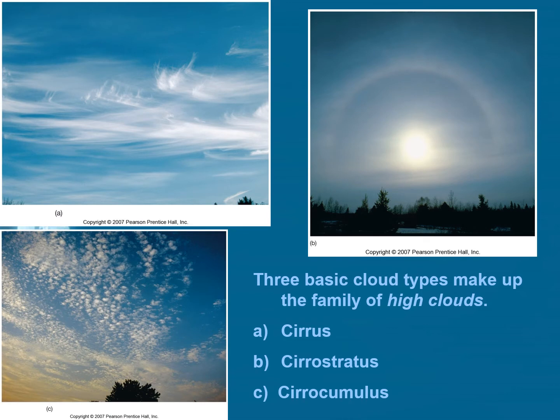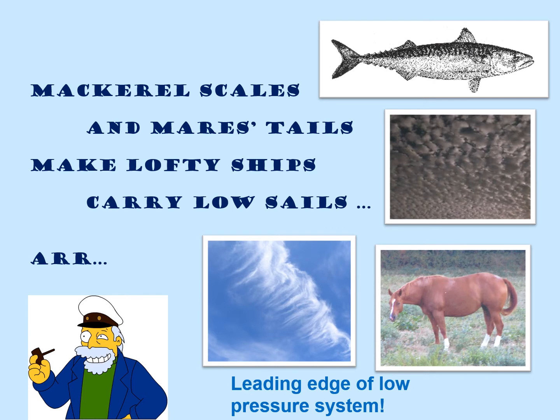Some images here of cirrus, top left, cirrostratus, on the right, cirrocumulus on the bottom. So, an old sailor's phrase: mackerel scales and mare's tails make lofty ships carry low sails. So what are we talking about here?